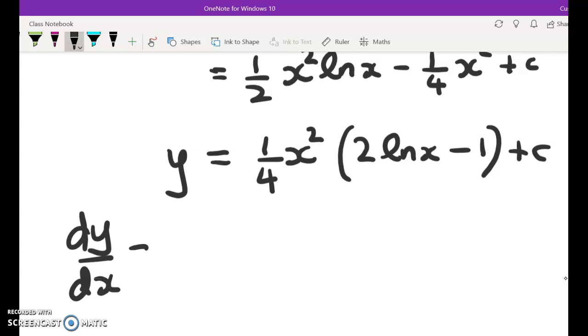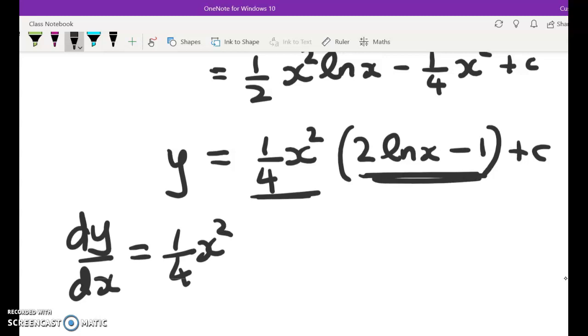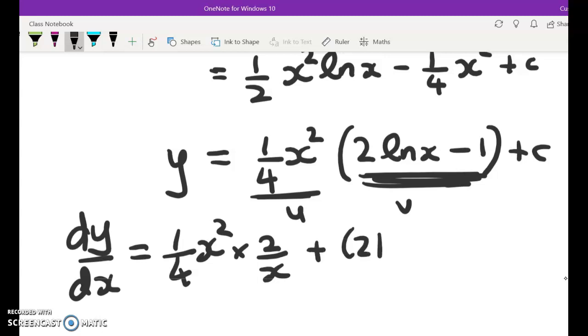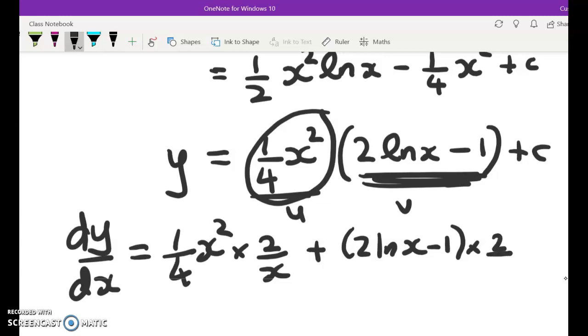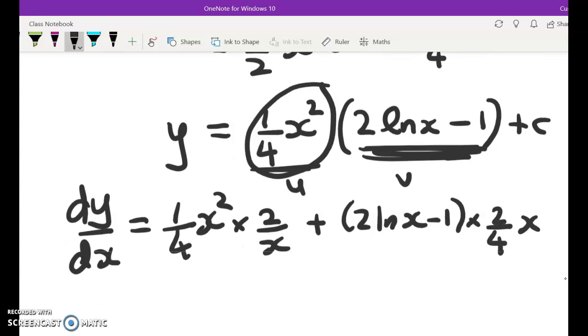So dy by dx is going to equal 1/4 x squared here times the derivative of the inside function. Sorry, times, so this is u and this is v. So this is the first times the derivative of the second, which is 2 over x, plus the second times the derivative of this, which is going to be 2/4 of x.